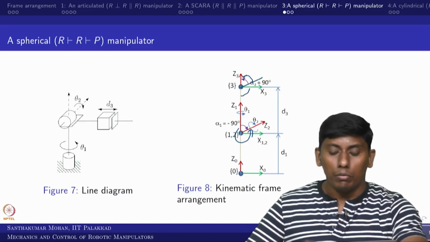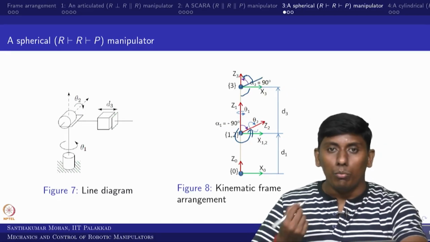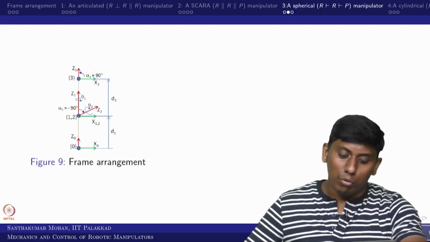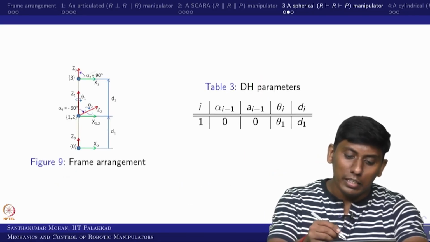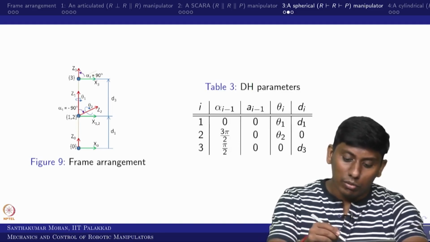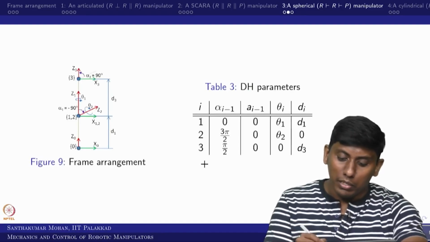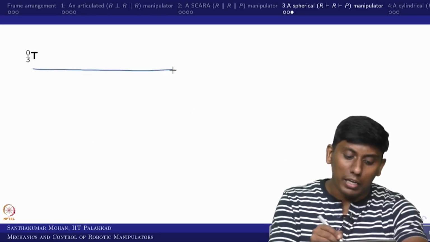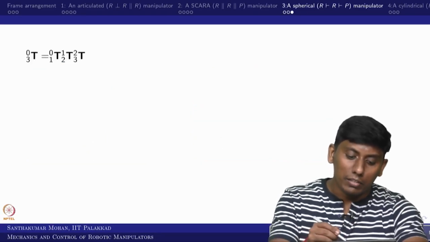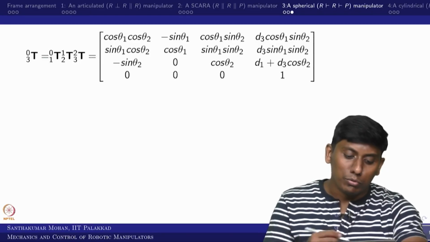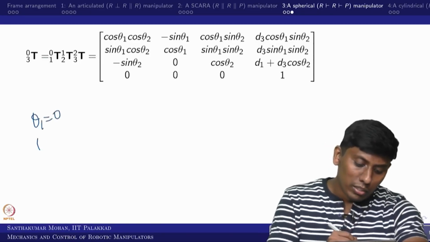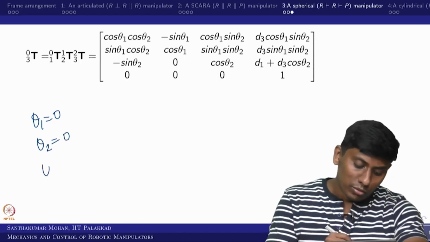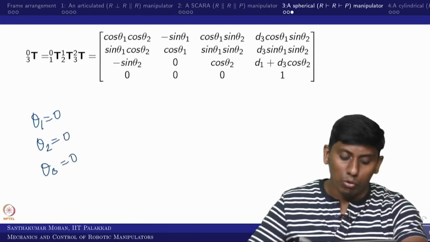Okay. So, now we can cross check whether the DH parameters we obtained give the right result or not. For that, we can first find the DH parameters. This is the way the DH parameters we have obtained. Based on them, we can find the final transformation matrix, right. Now we can substitute theta 1 equal to 0, theta 2 equal to 0, and theta 3 equal to 0 based on the home position.